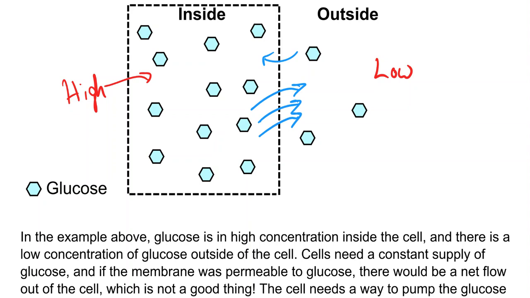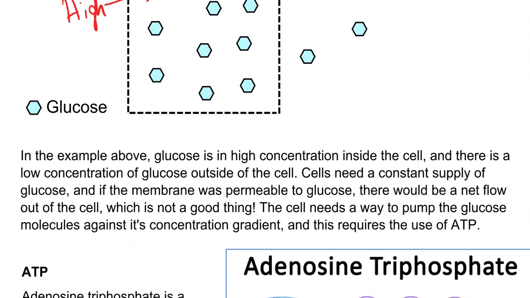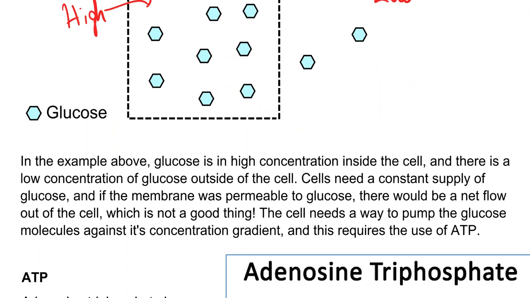So we would have a net flow of glucose out of the cell, and that's not what we want. We want the glucose to be stored inside the cell. A net flow out of the cell is not a good thing.